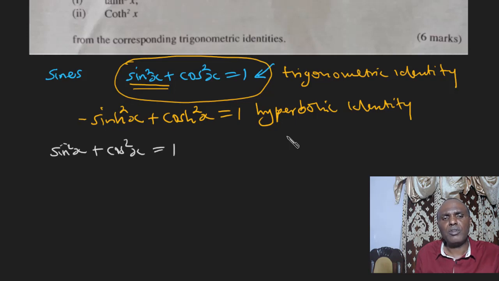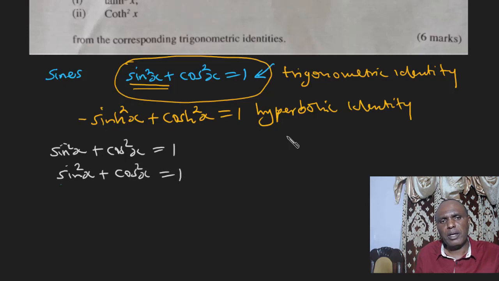So it is out of this that we are going to get the trigonometric identity which we are going to use to convert to a hyperbolic identity. So let us divide this trigonometric identity by sin squared x. Therefore this becomes sin squared x plus cos squared x is equal to 1.